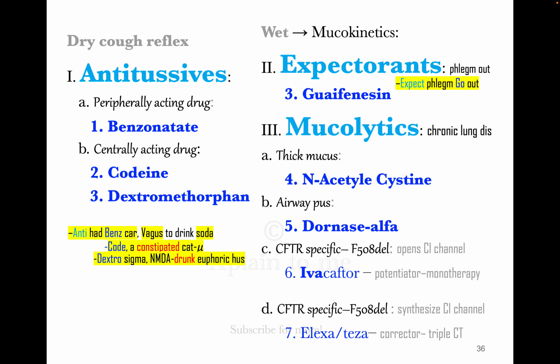So whenever in this condition, we can use a drug called Dornase-alfa. Dornase-alfa can be effective in all these chronic lung disease or cystic fibrosis patients. It will be breaking down that DNA. I have that picture. So the DNA of the dead cells is eliminated so that the mucus will be thin.